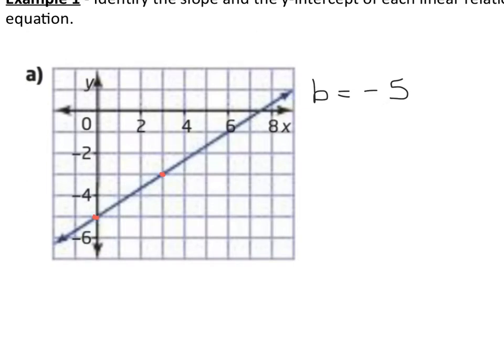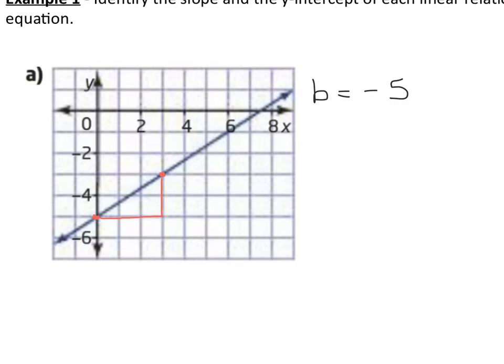Once you've marked two clearly identifiable points on your line, you are going to then draw in a triangle or connect those 2 points with straight lines to form a triangle shape. And we are going to count out the units or the values for rise and run. And then we can calculate the slope by using the formula slope equals rise divided by run.